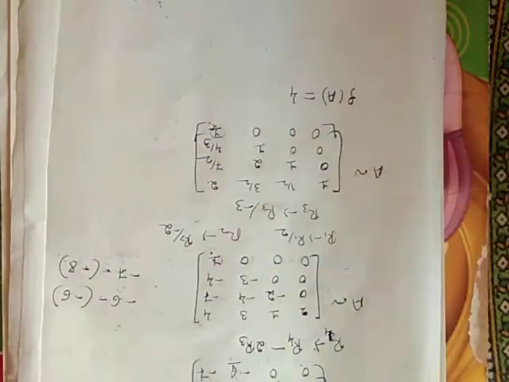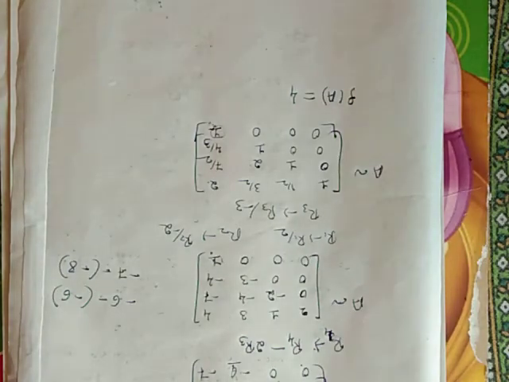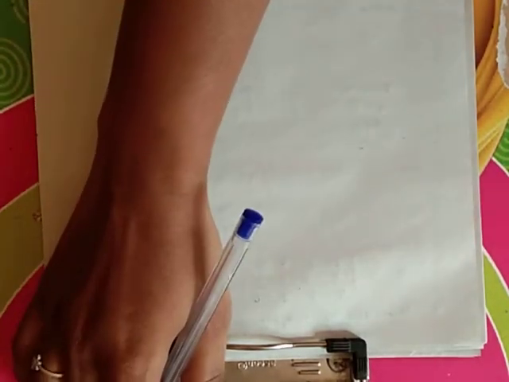Now we are moving on to some examples, that is, finding the rank of the matrix by converting a matrix into a normal form. Now I am taking an example here.